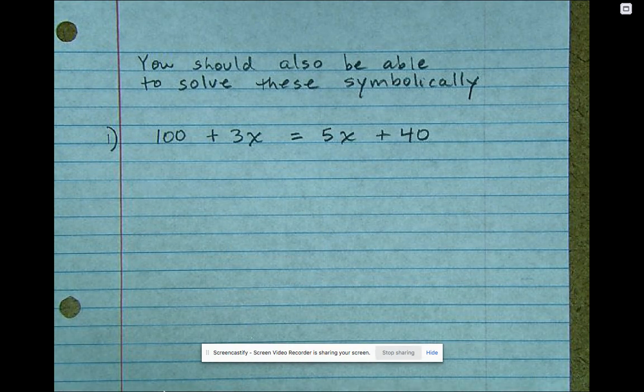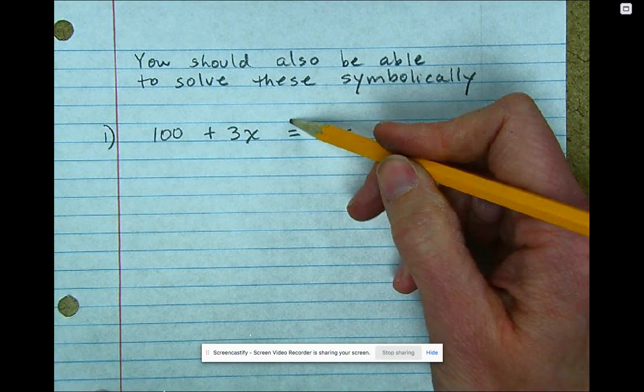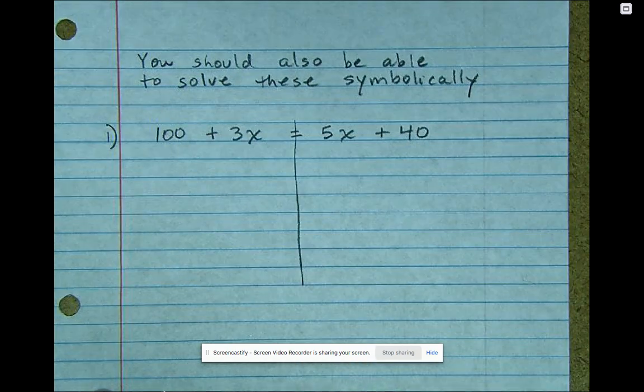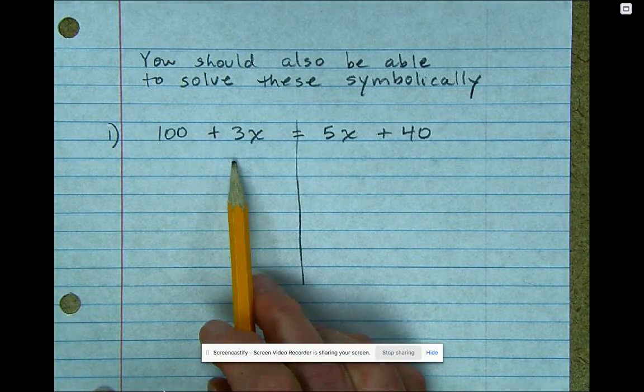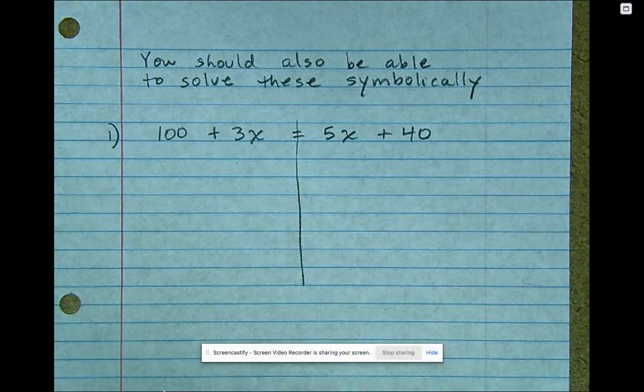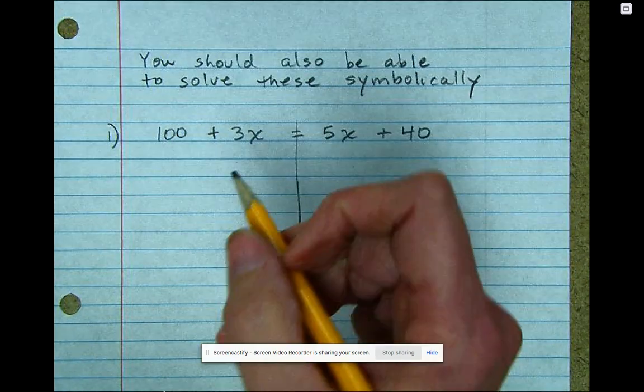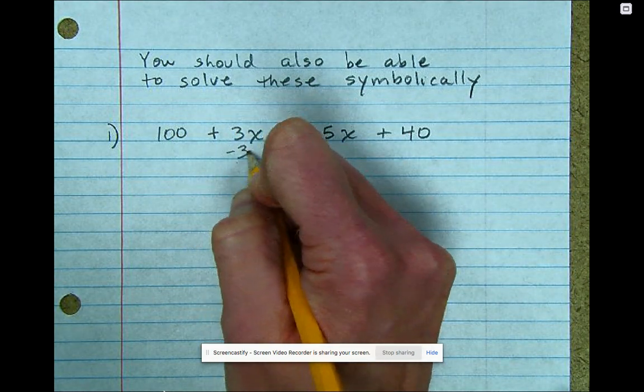Again, you can add or subtract whatever you want to both sides, as long as you do the same thing to both sides, but pick something useful. If I added 2x to this side and 2x to the other side, it's not going to get me closer to getting my x isolated. So something useful: I'm going to subtract 3x from both sides.